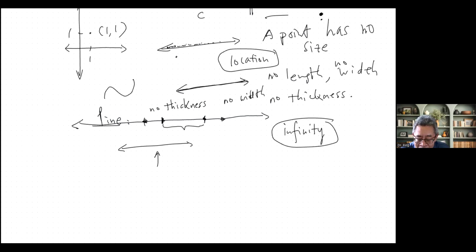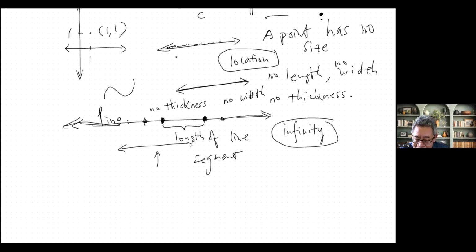But a line segment has a starting point and an ending point. Therefore, we can measure the distance between those 2 points, and that's called the length of the line segment.